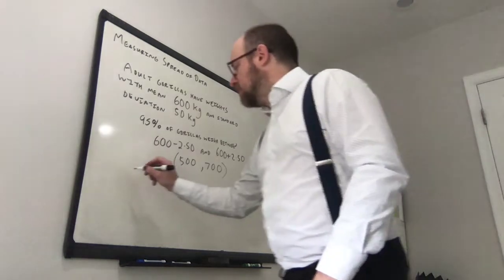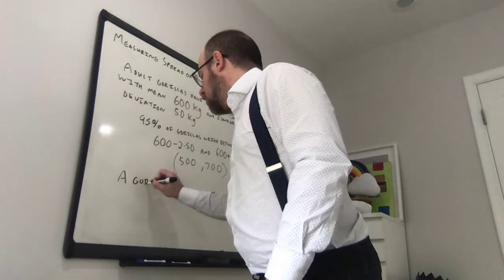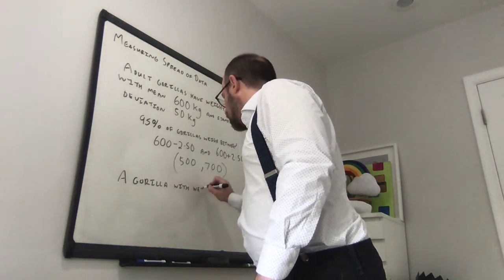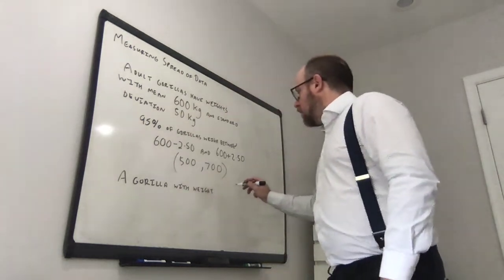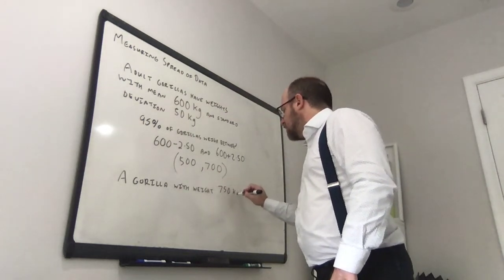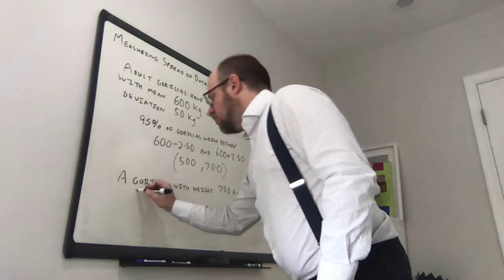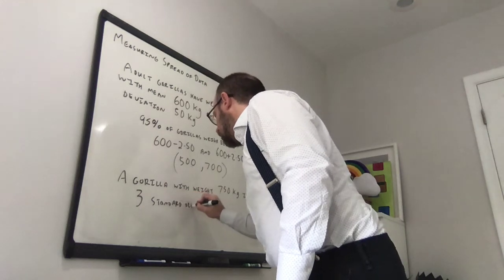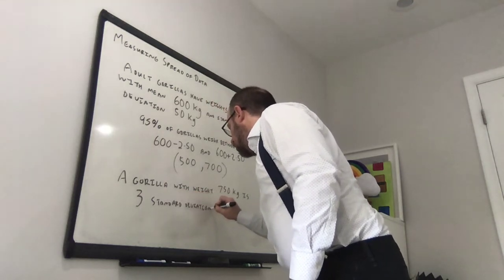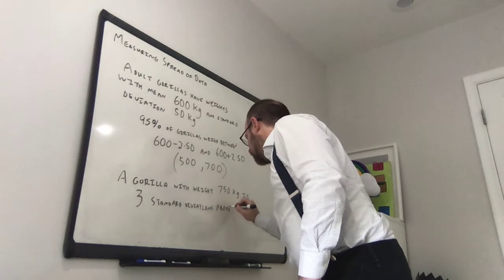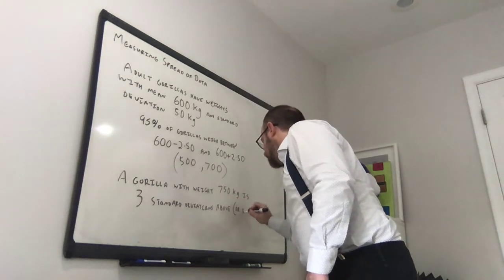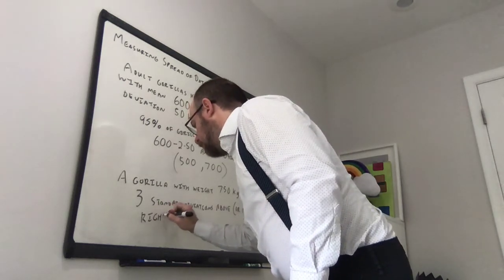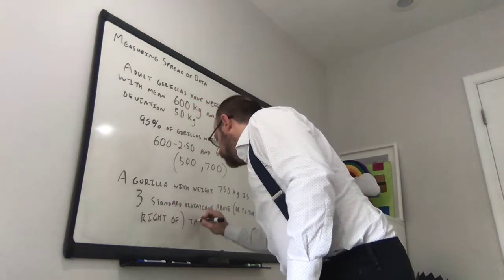So for example, we would say a gorilla with weight 750 kilograms is 3 standard deviations above or to the right of the mean.